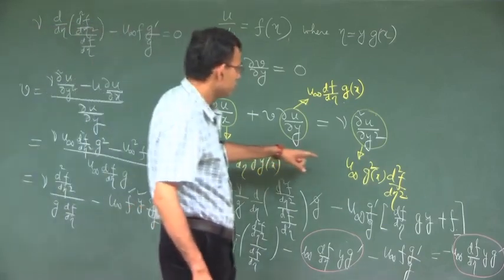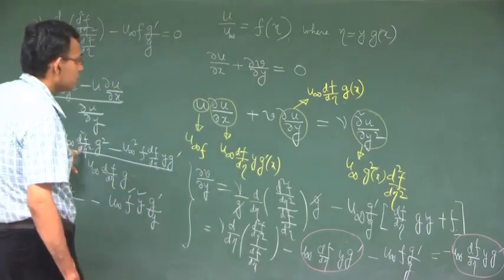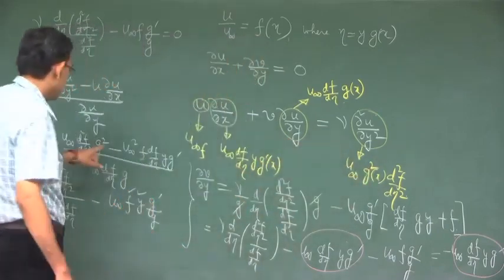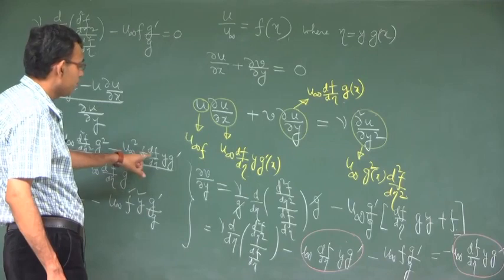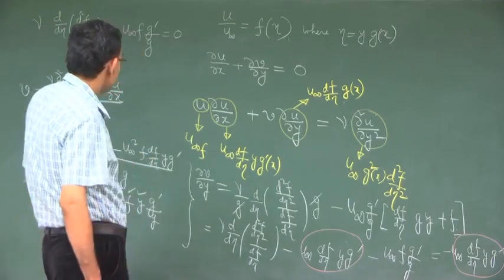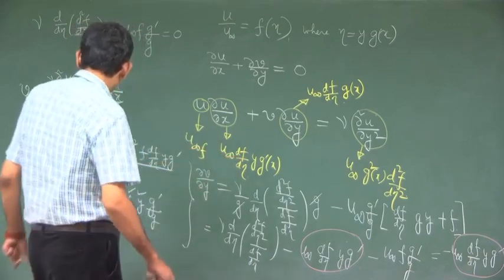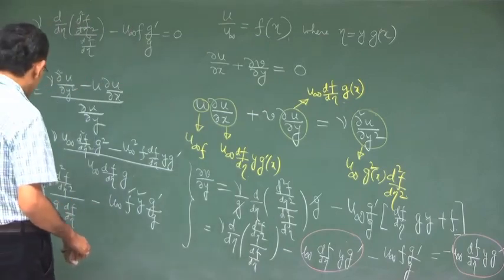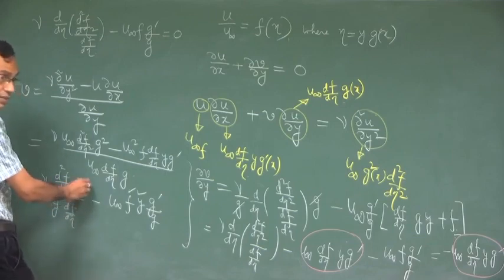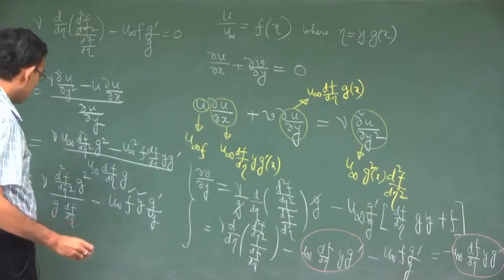So, nu d 2, so u infinity g square d 2 f d eta 2 minus u infinity square f d f d eta into y g dash by u infinity f. So, nu d 2 f d eta 2, yes, there is a g square here that was missing, right. There is a g square. So, this is what I found it is missing.